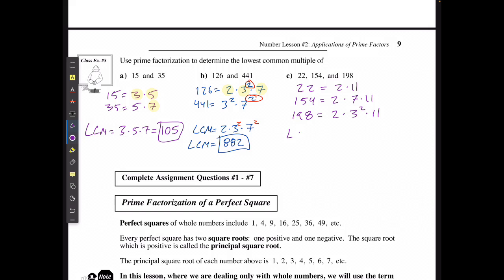So my lowest common multiple is going to be equal to 2, 3, 7, and 11, which are all the prime numbers. And I can see that I have a 3 squared. Multiply that back out, and my lowest common multiple in this case is 1,386.